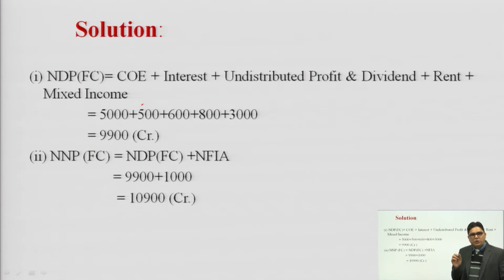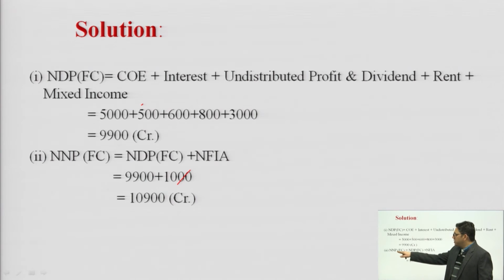We need to remember that by the income method we reach the figure of NDP at FC, and questions might demand it in a number of ways. We might have to reach NNP at market prices, or NNP at factor cost. Whatever the question demands, we just need to convert accordingly.